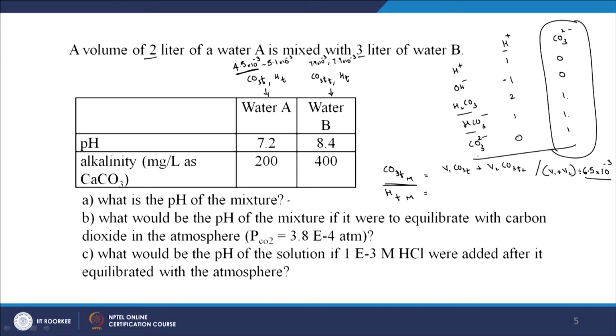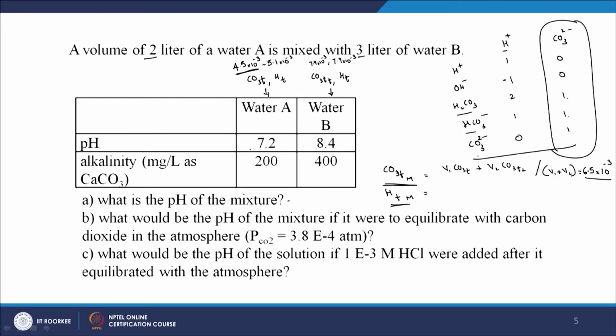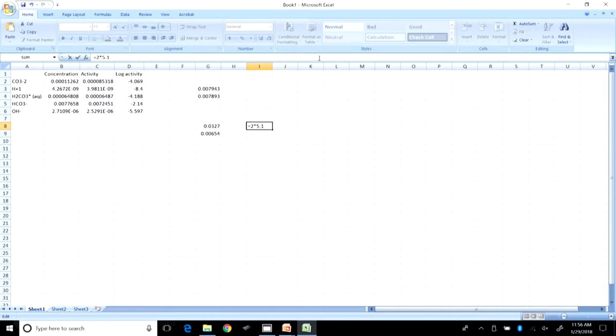So, I am done with this. Similarly, I need to repeat the exercise for H total. So, H total is equal to 2 times, and let me switch and see what the H total value is. It is 5.1 into 10 power minus 3, plus 3 into, where 3 is again the volume.